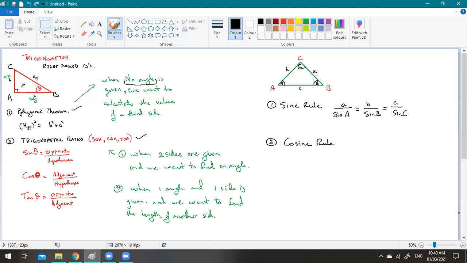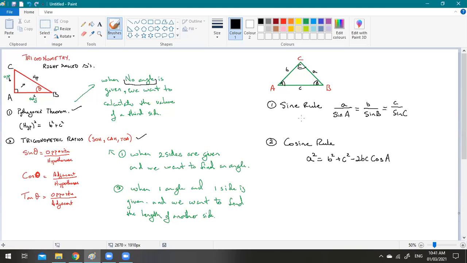So if they ask us to find the length of A, you say A squared is equal to, and we start to use the other two sides: B squared plus C squared minus 2BC cosine the angle at A. Now this could be rewritten in any other letters as well, right?